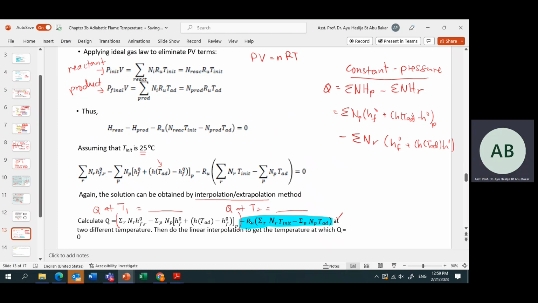Now for constant volume, you will have this part. Similar steps: assume two temperatures, then find the Q at both temperatures. Do the interpolation, then you will get the T adiabatic. Okay, any question before we move to the example?